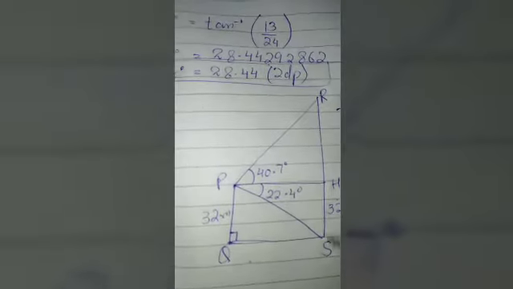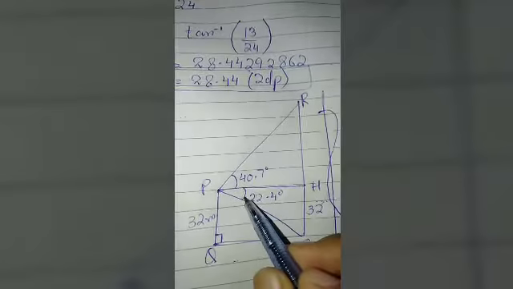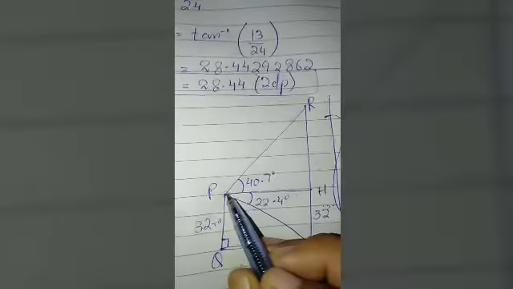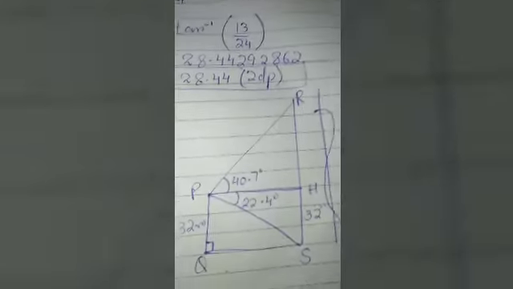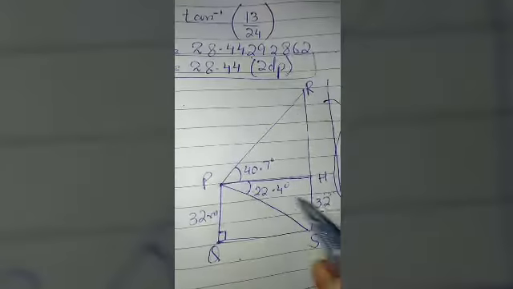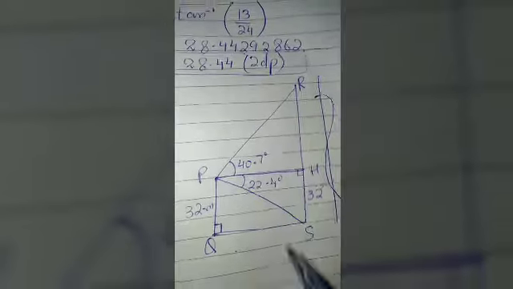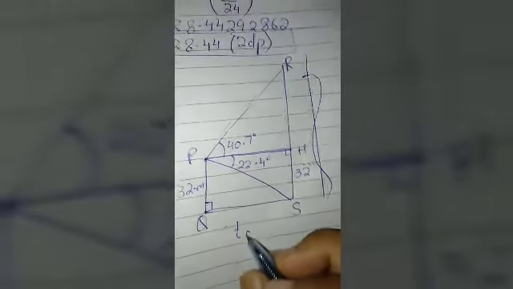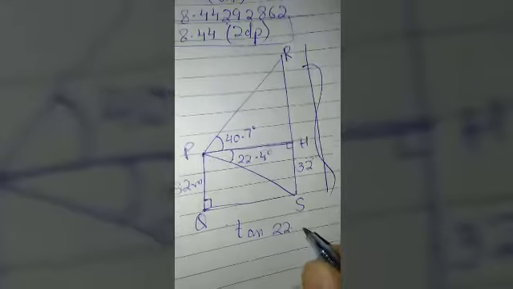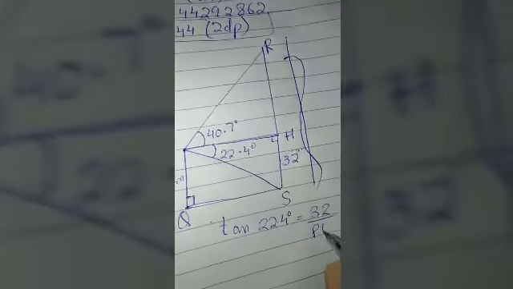So we can easily say that if it is 32 and 22.4, we can easily find the length of this line. Am I right or not? Okay. So as you can see, opposite to the line and adjacent, that is 90 degree, opposite and adjacent, so tangent 22.4 can be used. So using tangent 22.4 degrees is equal to 32 upon PH, that is P and H. Clear?